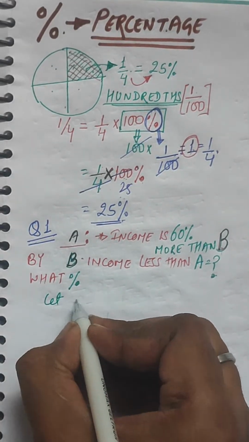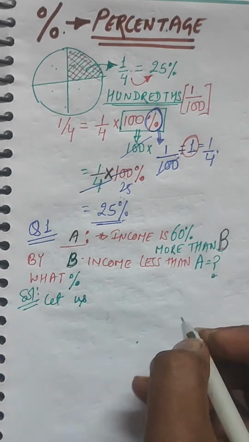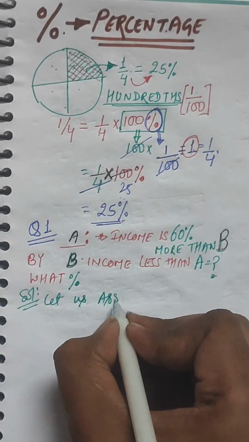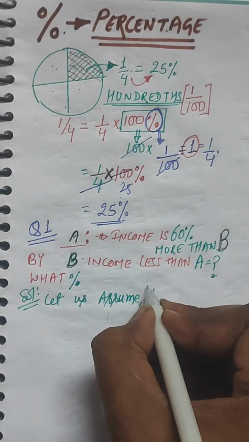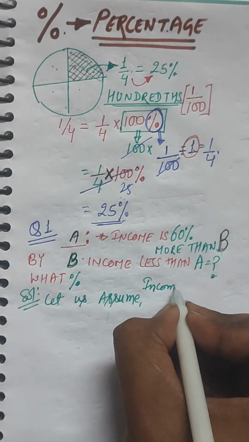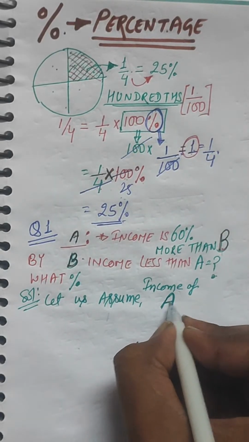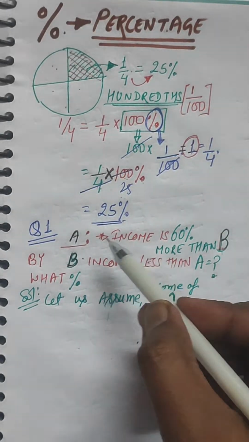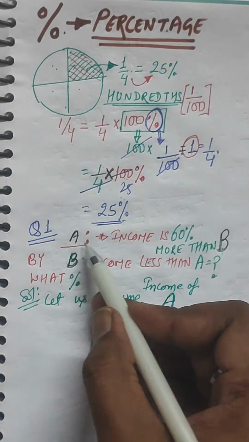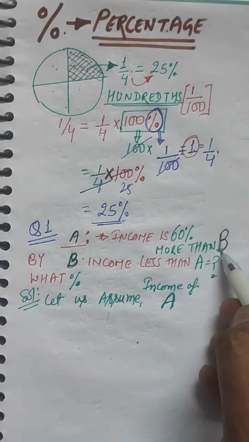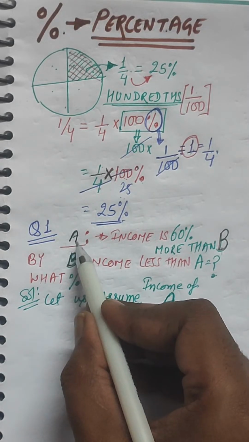This is the solution. Let us assume income of A. In such a question, make sure that since it's given that A's income is 60% more than B, the income of A is not the reference.